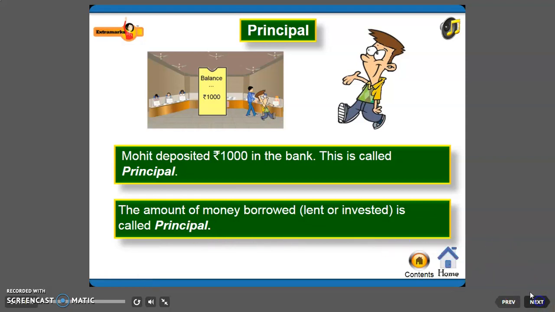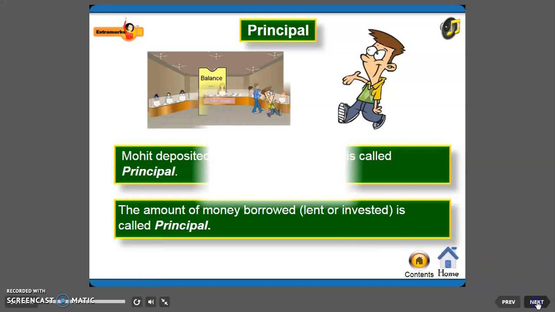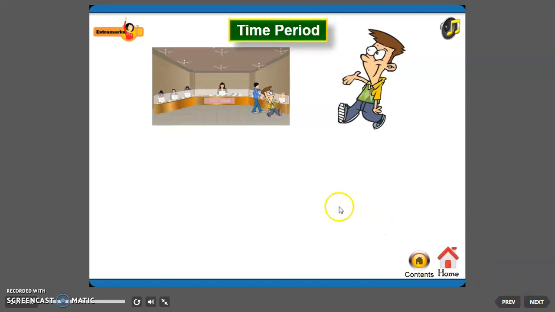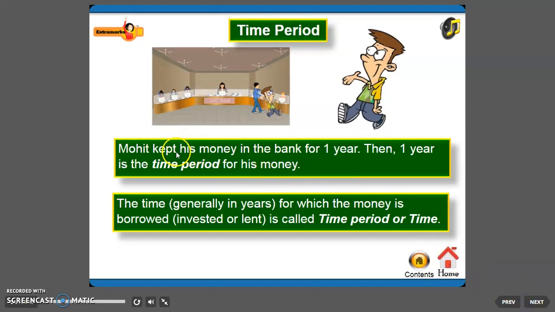So the next thing is rate of interest, and time period. How long? Mohit kept his money in the bank for 1 year. Then 1 year is the time period for his money. The time, generally in years, for which the money is borrowed is called time period or time.